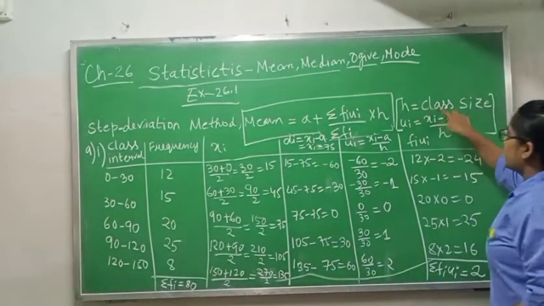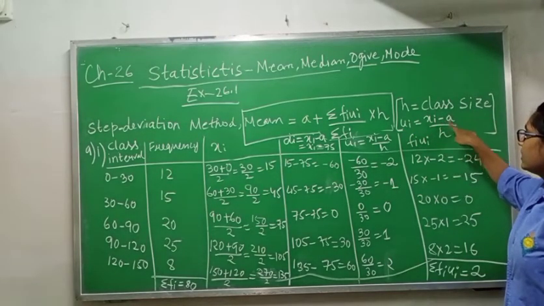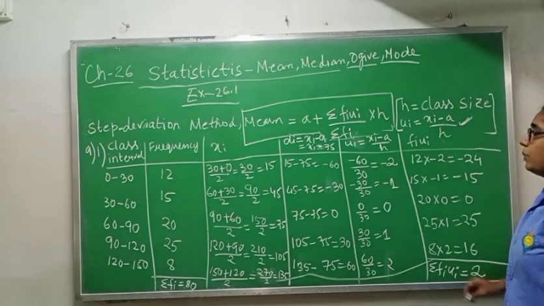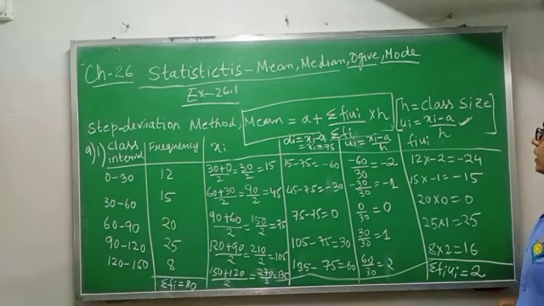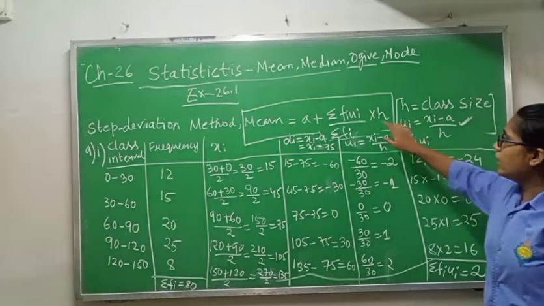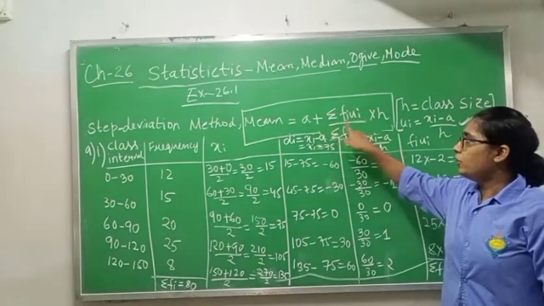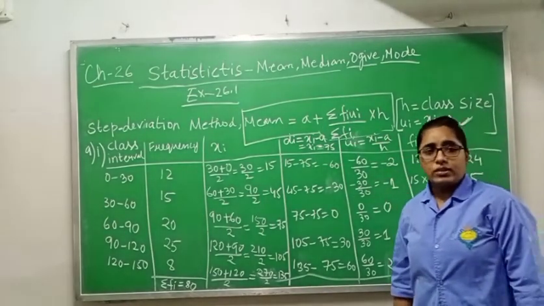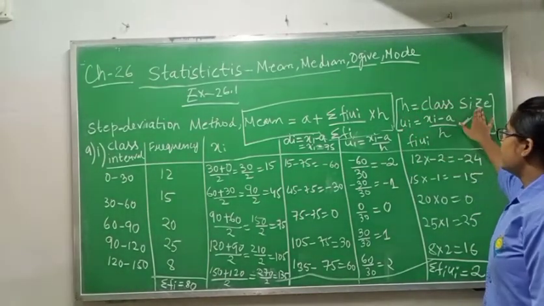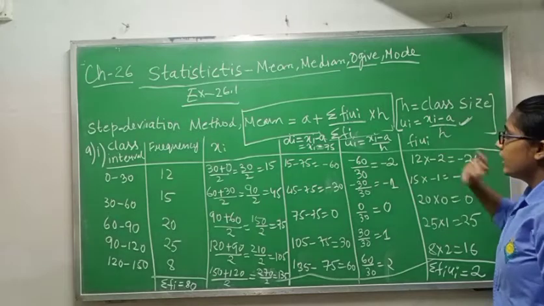Now h is the class size and ui is (xi minus A) by h. You have to learn this formula properly, otherwise you will not be able to find ui, and if you do not find ui, you will not be able to put it in the formula and get your mean.